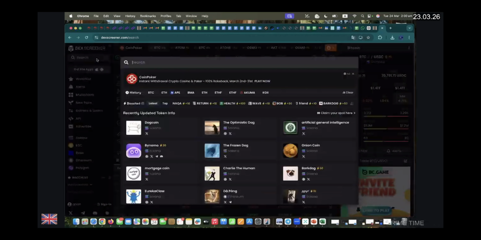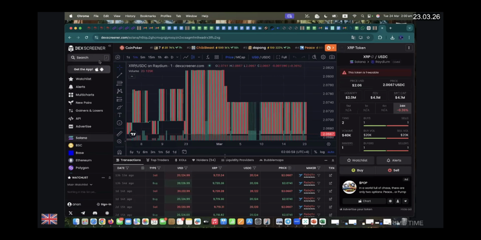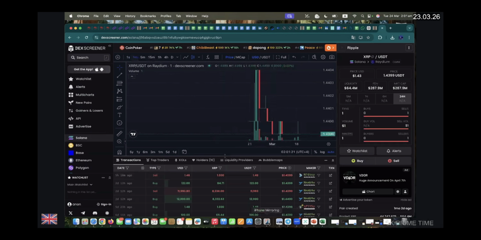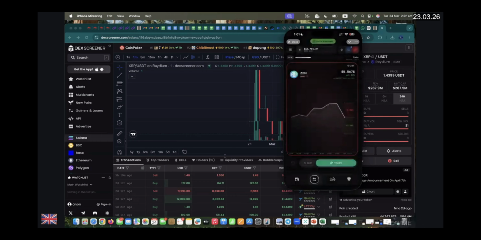Let's see how XRP is behaving. Okay, we can go long on XRP. Let's go with 1,000, all in with 20x leverage. We can potentially make $13,000 in this trade and we can lose $10,500. Let's confirm this. This is something you should never do.